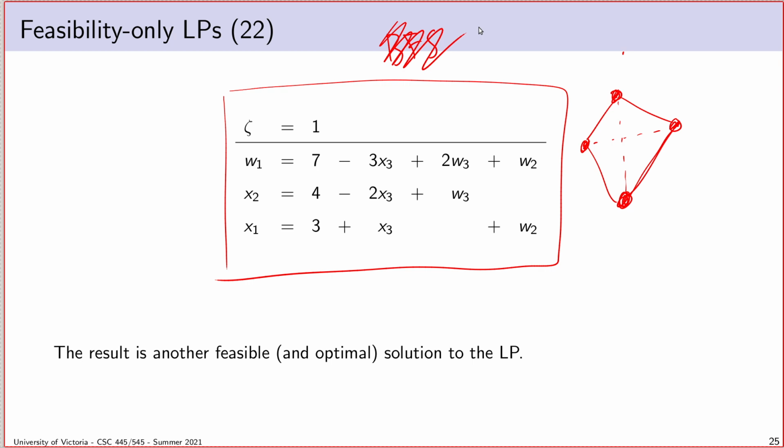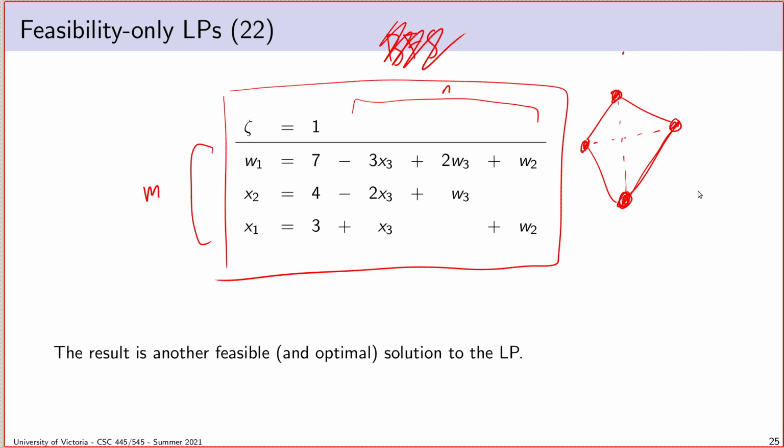And a basic feasible solution corresponds to some dictionary where if you have n optimization variables and m constraints, a basic feasible solution will have n non-basic variables and m basic variables, and it will be feasible, hence the word feasible, and it will actually correspond to a vertex of the polytope. And the simplex method, when you pivot, is moving between different basic feasible solutions to your LP.